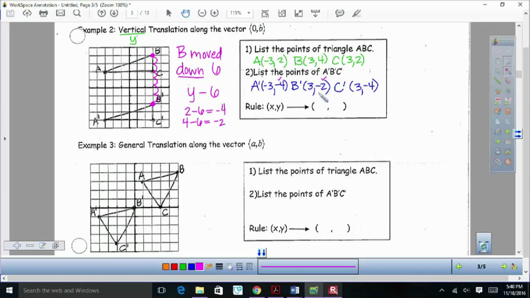So it looks like the rule for y is y minus 6. Now, if you look at your x's, we have -3, -3, 3, 3, 3, 3. So our x's didn't change, hence why we didn't have to go right or left on the graph. So that means we leave x exactly the same.